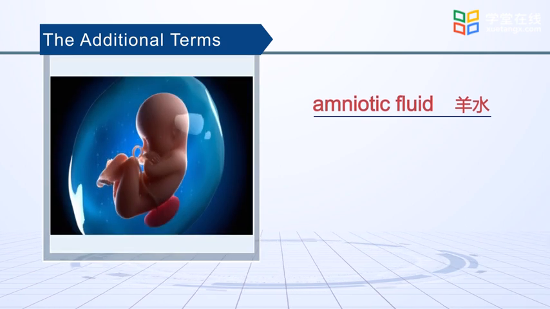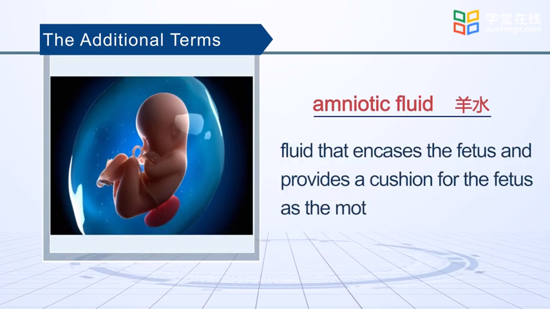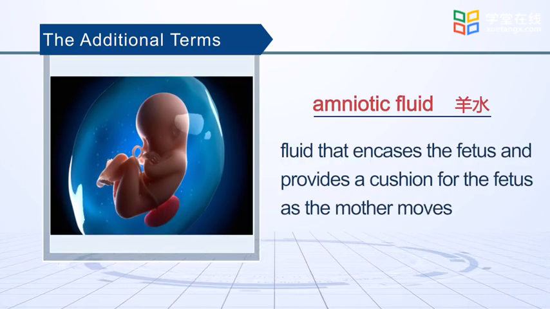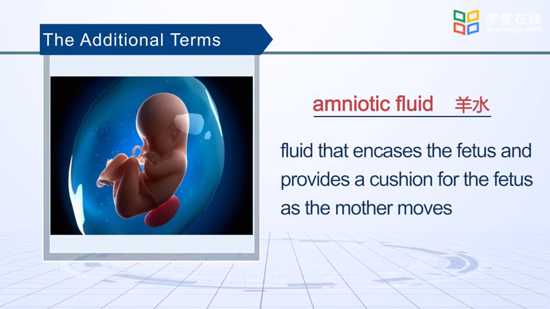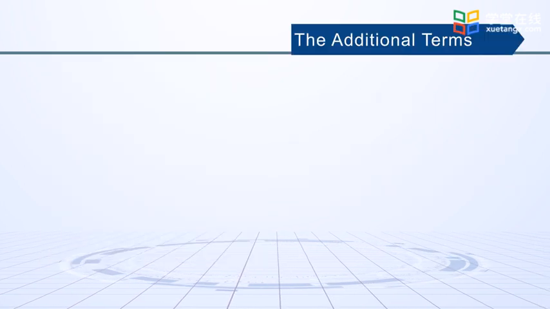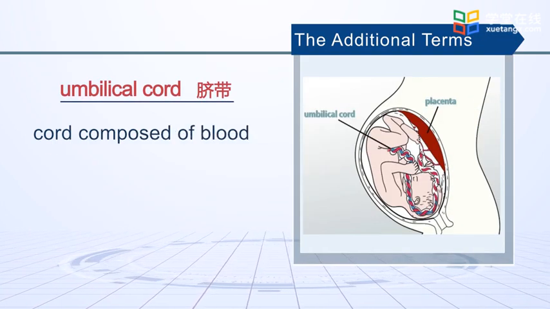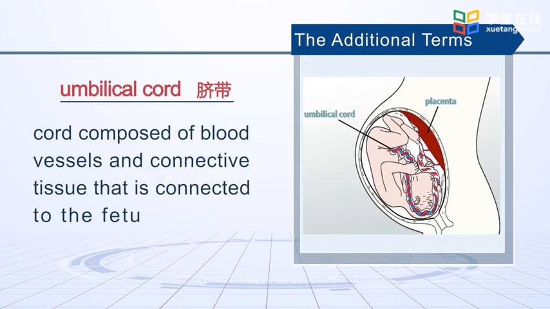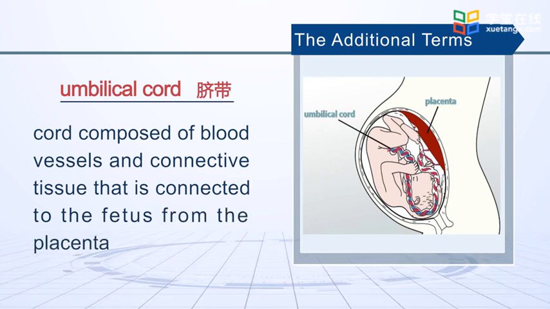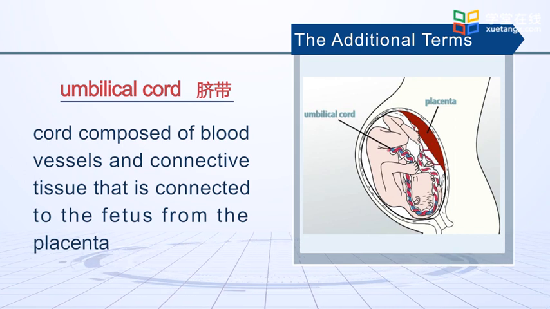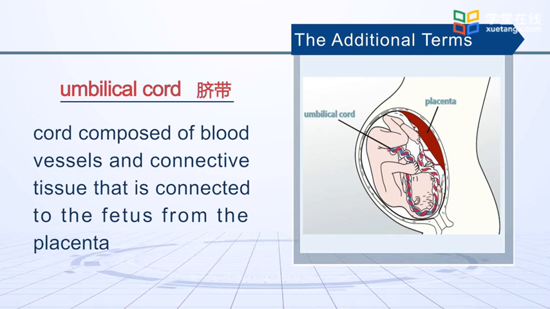Amniotic fluid is fluid that encases the fetus and provides a cushion for the fetus as the mother moves. Umbilical cord. It is a cord composed of blood cells and connective tissue that is connected to the fetus from the placenta.